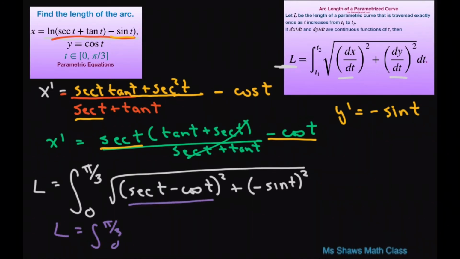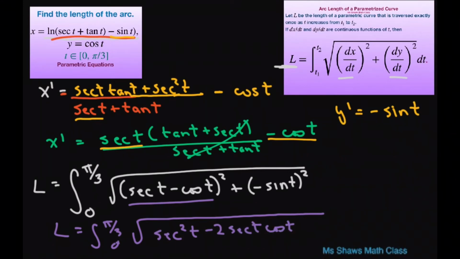This part right here is going to be the square root of secant squared of t minus 2 secant t cosine of t plus cosine of t squared plus sine of t squared, and this is all dt.